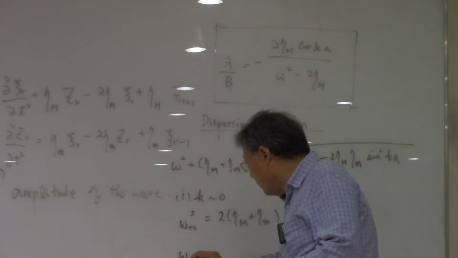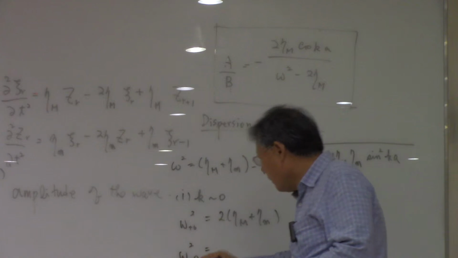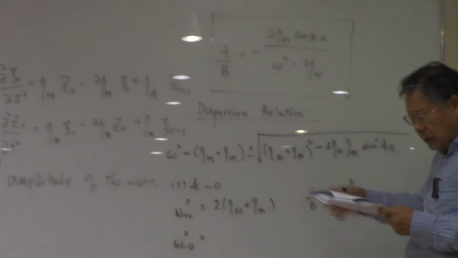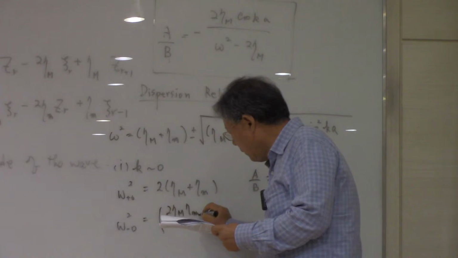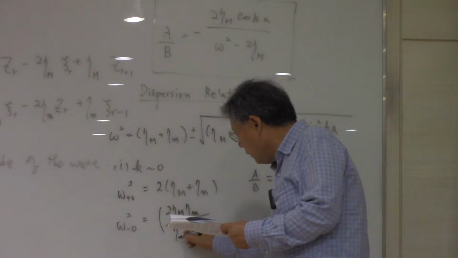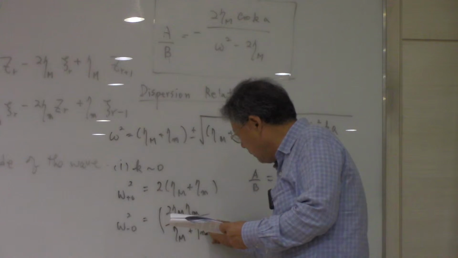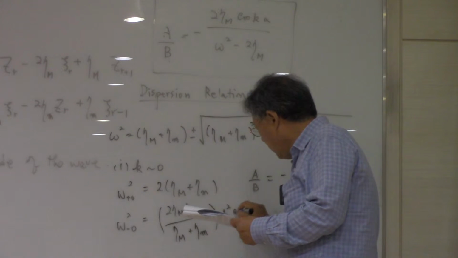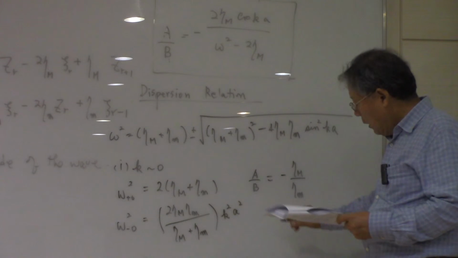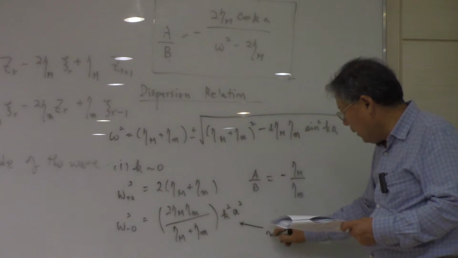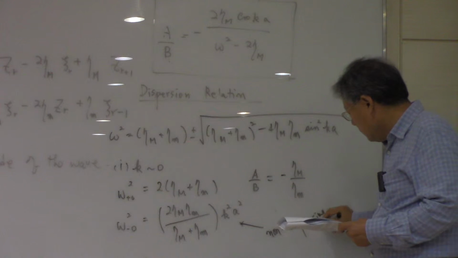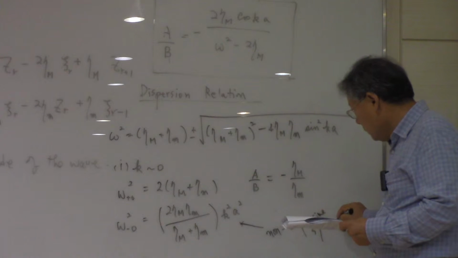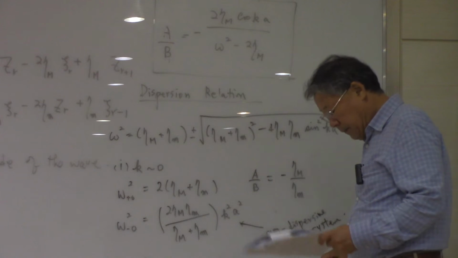And another solution, because it's a second order equation, you're going to have 2 eta m small m over eta m plus eta small m, k square a square. And then you can see that, amazingly, that is a non-dispersive system. All right?